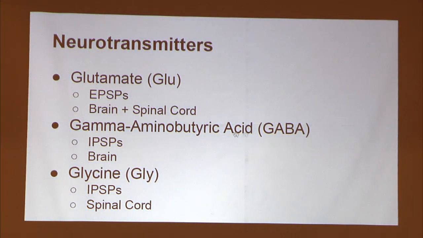Gamma aminobutyric acid, or GABA, is going to produce IPSPs, and that's usually most abundant in the brain. And then glycine is going to be producing IPSPs primarily in the spinal cord. So GABA and glycine. Glycine's for spinal cord, GABA's for the brain, so B for brain.